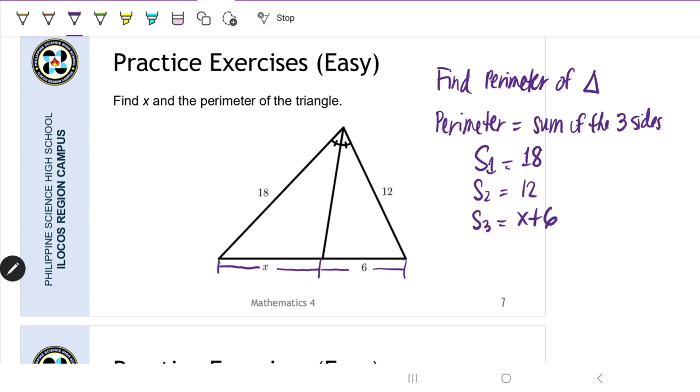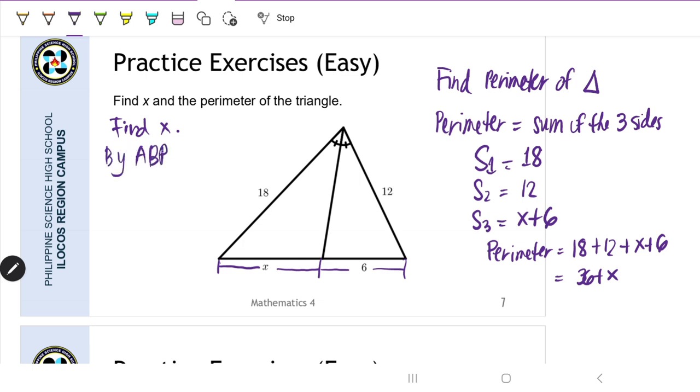So if we want to get the perimeter, perimeter equals 18 plus 12 plus x plus 6. Or to simplify, this is 18 plus 18, so that is 36 plus x. To get the value of the perimeter, we need to find x first. Okay, so to find x, we can use the ABPT.